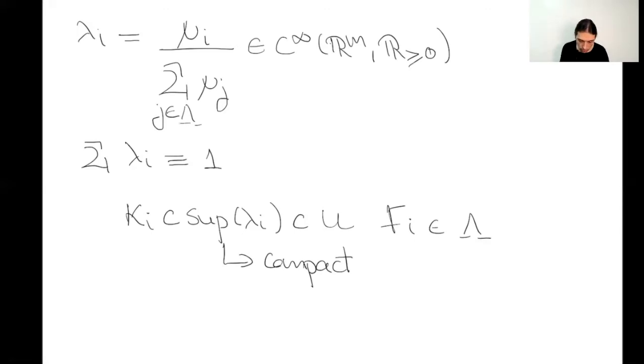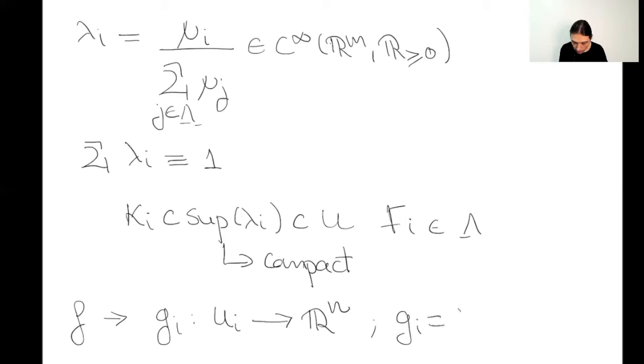convolutions. So given F, what we are going to consider is a map Gi defined in some open subset of U, whose target space is Rn, and which is going to be the convolution of some convolution kernel and F, right?